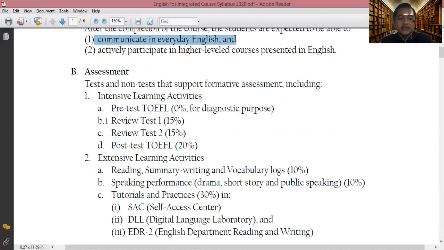First of all is intensive learning activities. It means that the activities that you do in the classroom, during the teaching and learning sessions, there are 4 activities that cover. First of all, pretest, TOEFL pretest that account for 0% as this test was aimed for diagnostic purpose only.